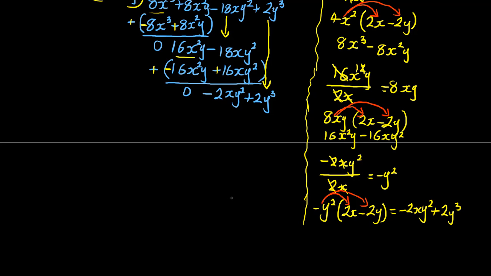There are 3 of the y. So now I'm going to write this below again as minus 2xy squared plus 2y cubed.